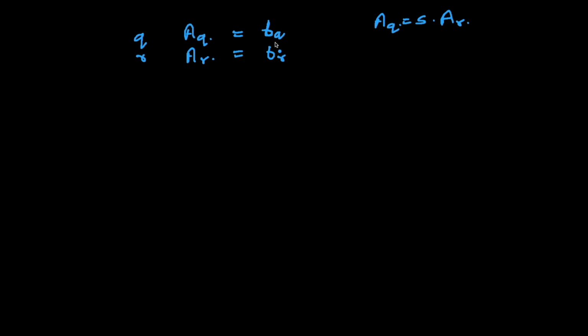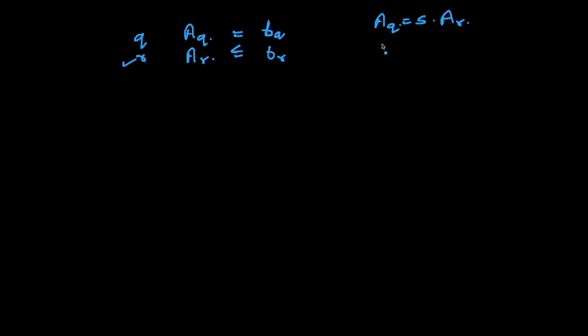There are slightly more complex cases when one of them is an inequality. It doesn't matter which one, but let's say this one is an inequality. Then sometimes we can discard this constraint because it is consumed by this constraint, implied from it, depending on what is happening with BQ and BR. BQ does not necessarily need to be equal to S times BR; BQ less than or equal to S times BR is good enough.